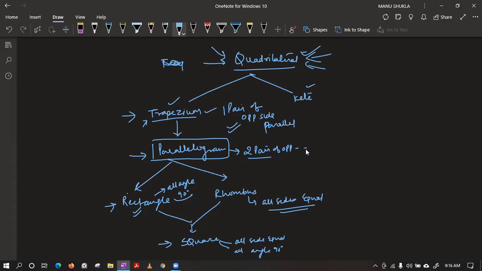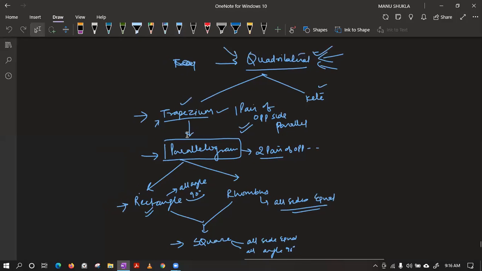I hope now you understand that parallelogram is a special trapezium, rectangle is a special parallelogram, rhombus is a special parallelogram, square is a special rectangle or special rhombus. I hope this point is clear to everyone. Please confirm. This is the family tree of these quadrilaterals.